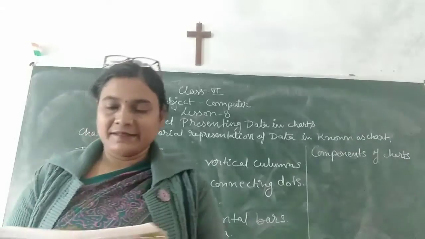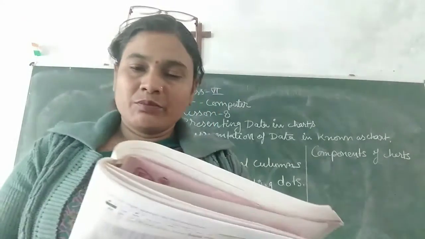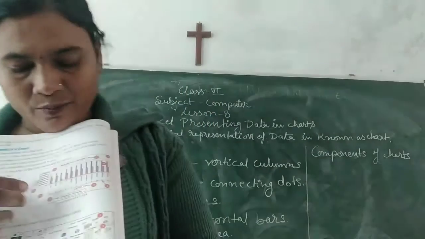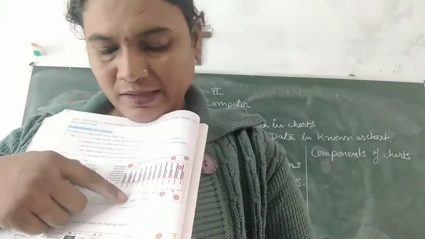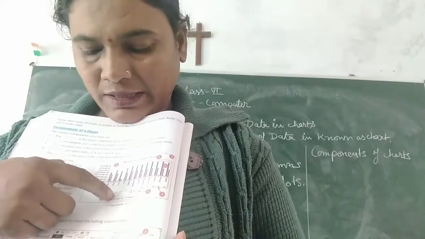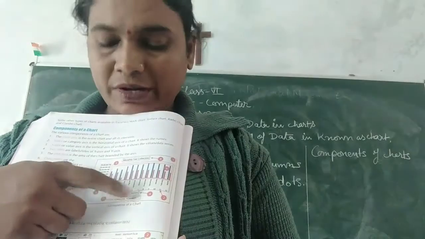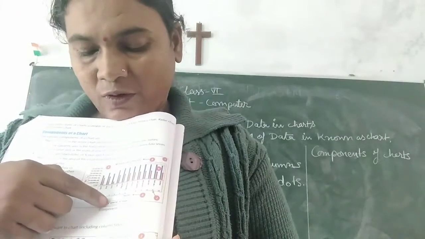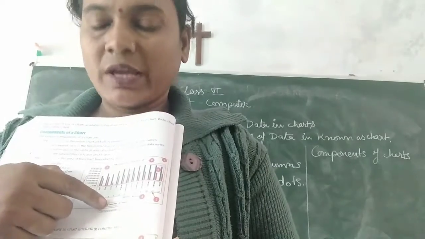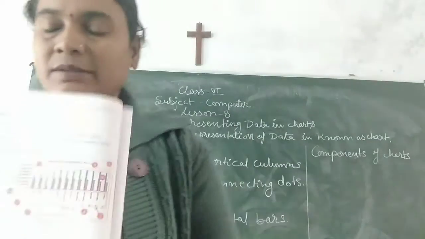Other element. Legend means these are small squares, and this shows the content of the chart. Okay, data of the chart, in the form of different colored squares. So this is known as the legend.